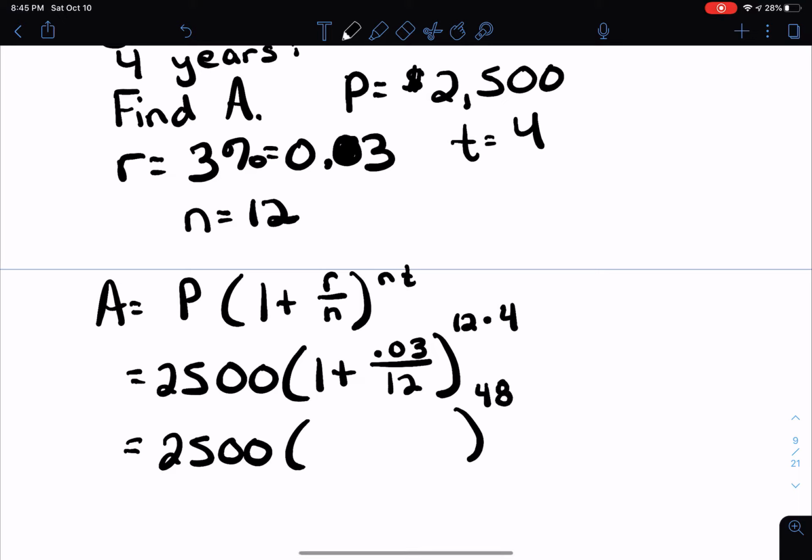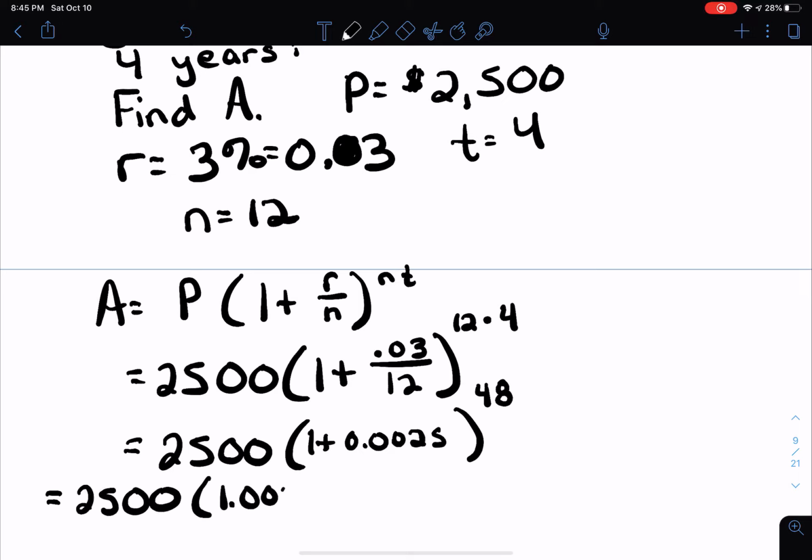There's nothing wrong with just taking care of that little multiplication. But in the parentheses, we have to do 0.03 divided by 12. So we have 1 plus 0.0025. And then when we add the 1 to that, we just have 1.0025. And that's raised to the 48th power.